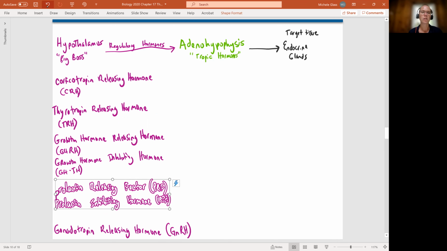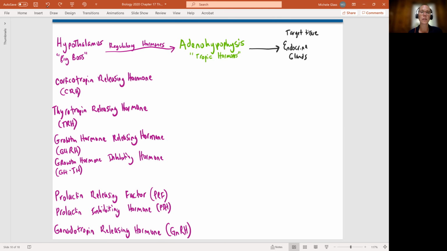Okay. So let's start with that corticotropin releasing hormone, which is abbreviated CRH, and we're doing all capitals there. All of these are targeting the adenohypophysis.